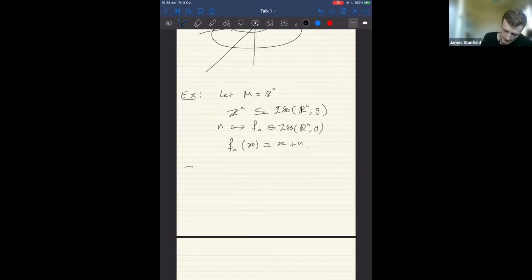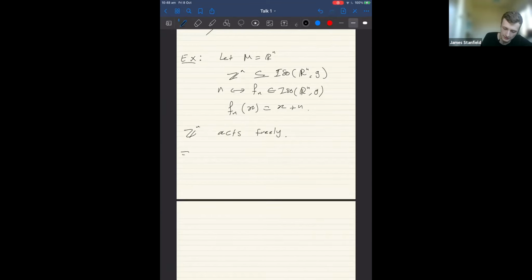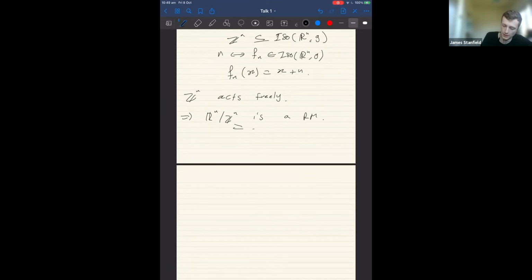Now, it turns out that Zn acts freely. The only way I can fix a point is to have n equal to 0, i.e. the identity of that group. And so that means that Rn mod Zn is naturally a Riemannian manifold. Okay, and people might recognize this as the n-torus, which is just n copies of S1.